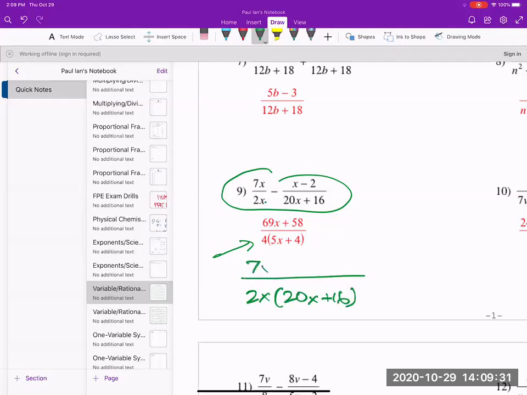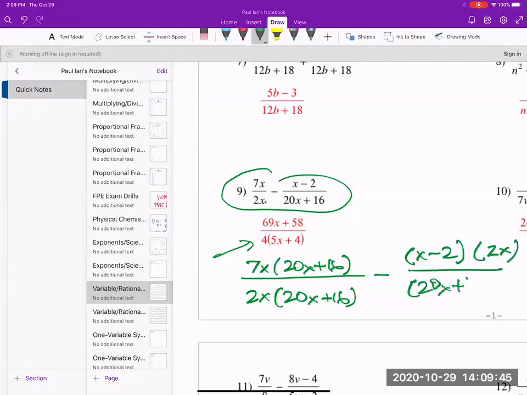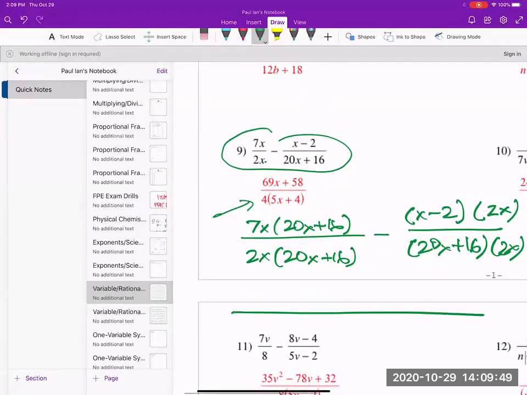Okay, so 7x times 20x plus 16 and minus x minus 2 times this by 2x. And then 20x plus 16 times 2x. All right, so you have 2x, 20x plus 16. I don't try to distribute them because sometimes something might cancel out.